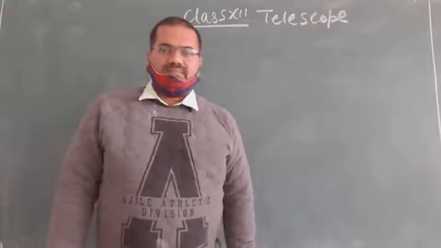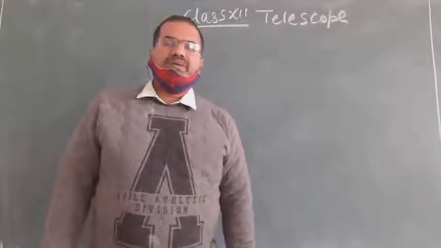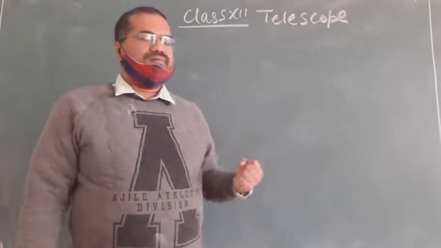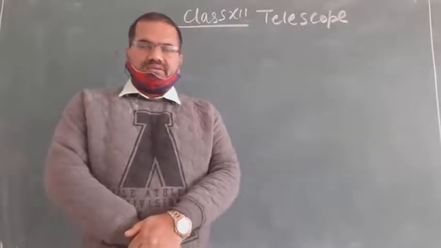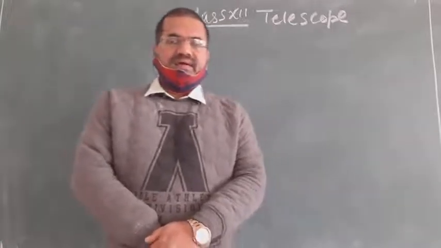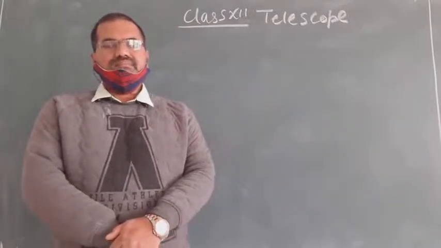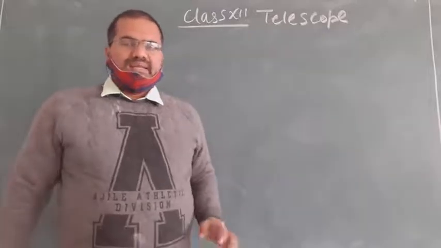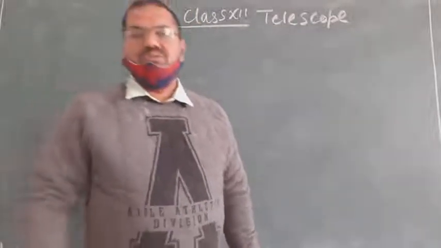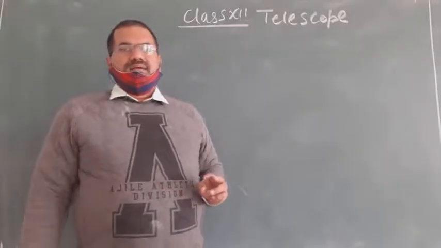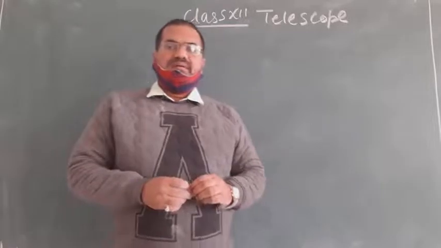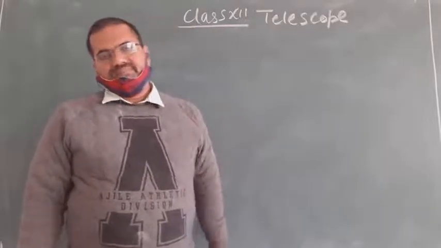Telescope. A telescope is used to see objects like the sun, moon, stars, etc. And these objects are very big. So in a telescope, we use two lenses, as in a compound microscope, that is objective and eyepiece.